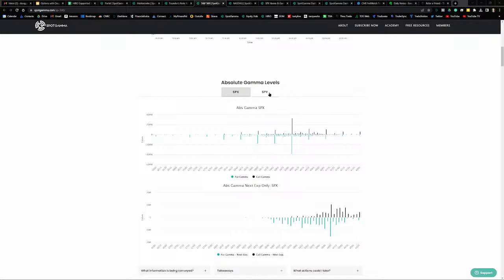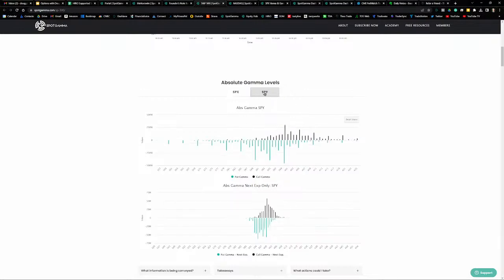So that is SPX. Here's SPY: 400 key gamma strike, 390 is the put wall, and then the call wall remains at, let's see where it is, 408, which is a little bit unusual, not being at a 5 or a 10.